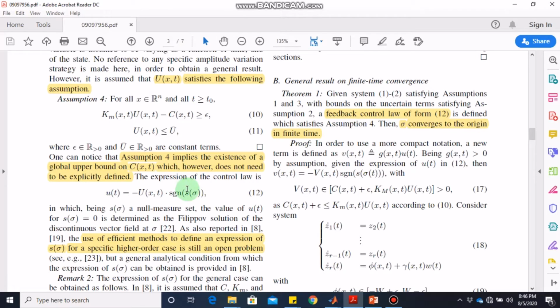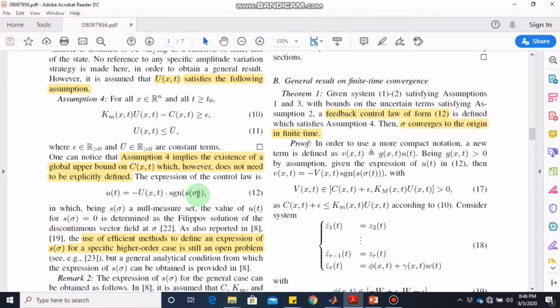And then once you find this U which satisfies assumption 4, the control law is given by minus U of x comma t times S of sigma, this function of the sliding surface.